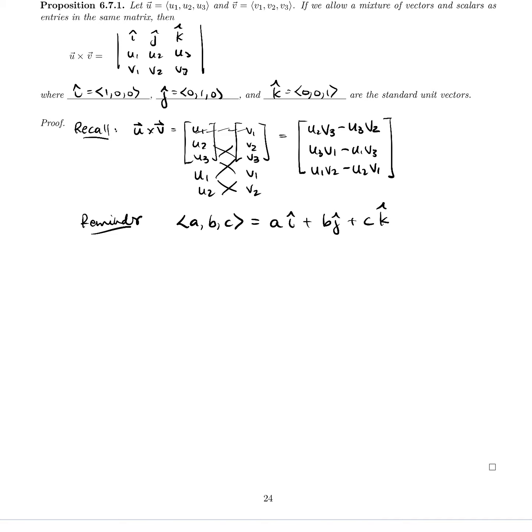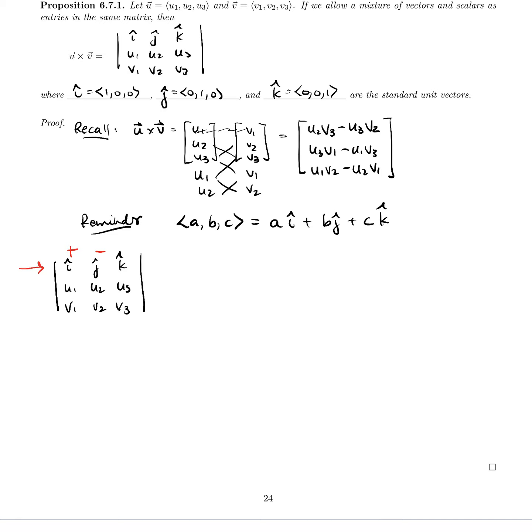So if we recopy i hat, j hat, k hat, u1, u2, u3, and v1, v2, v3, we're going to do cofactor expansion along the first row.